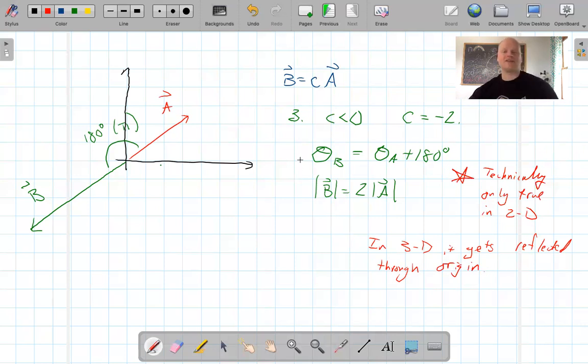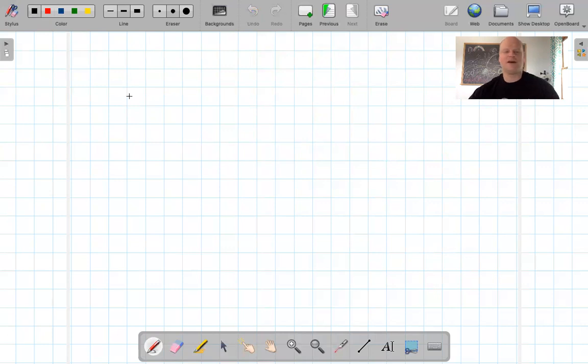So this is multiplication. That brings us back to addition, where we can now think about subtraction. So let's look at vector subtraction. Vector subtraction is actually just addition with multiplication. So what does this mean?